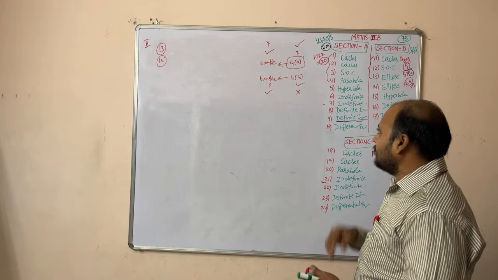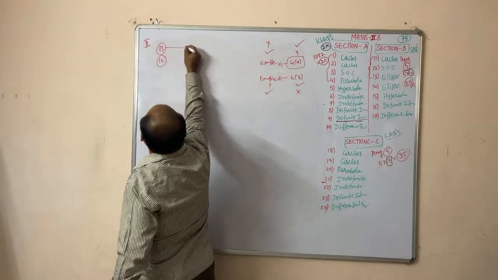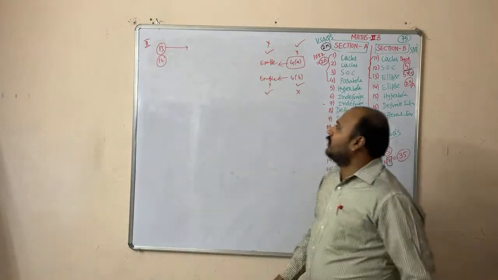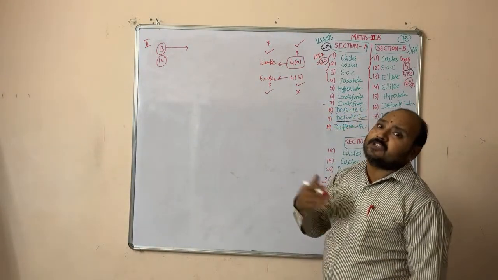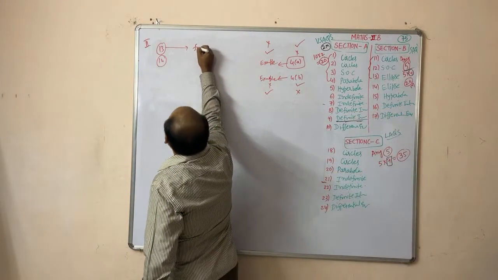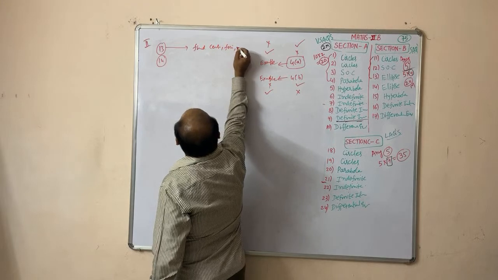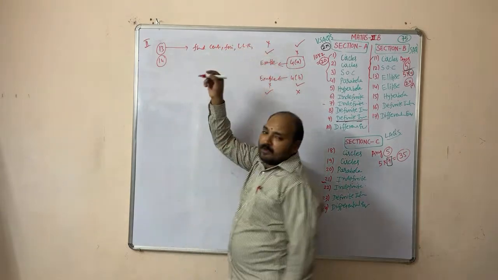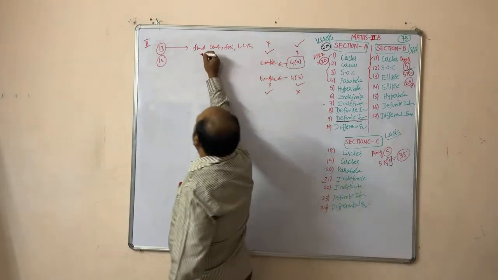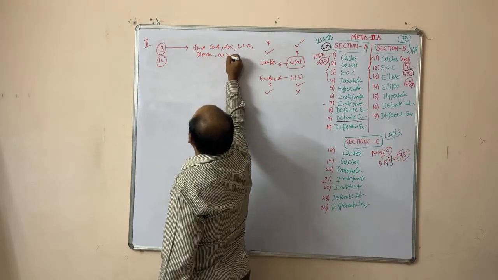Observe, students, question number 13 is a very important question. The possibilities they may ask are: find the center, foci, LLR, the length of the latus rectum, the directrix equation, and the axis.